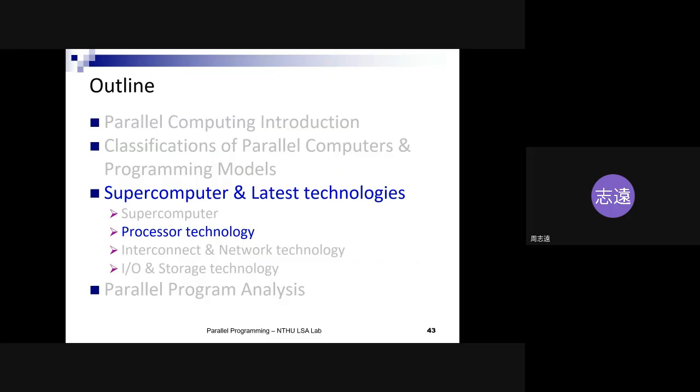Although we don't have a chance to get into those software and hardware optimizations, at least we can introduce the technology they developed for reaching this goal.